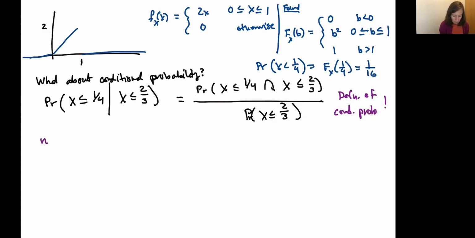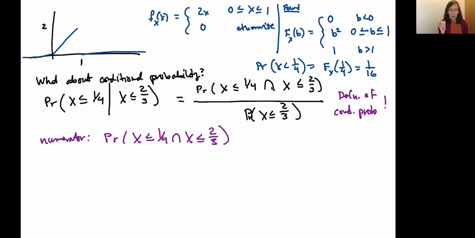Okay, so for the numerator, we have the probability, just writing it again, that X is less than 1/4 and X is less than 2/3. Sometimes you can just see it by thinking about it.